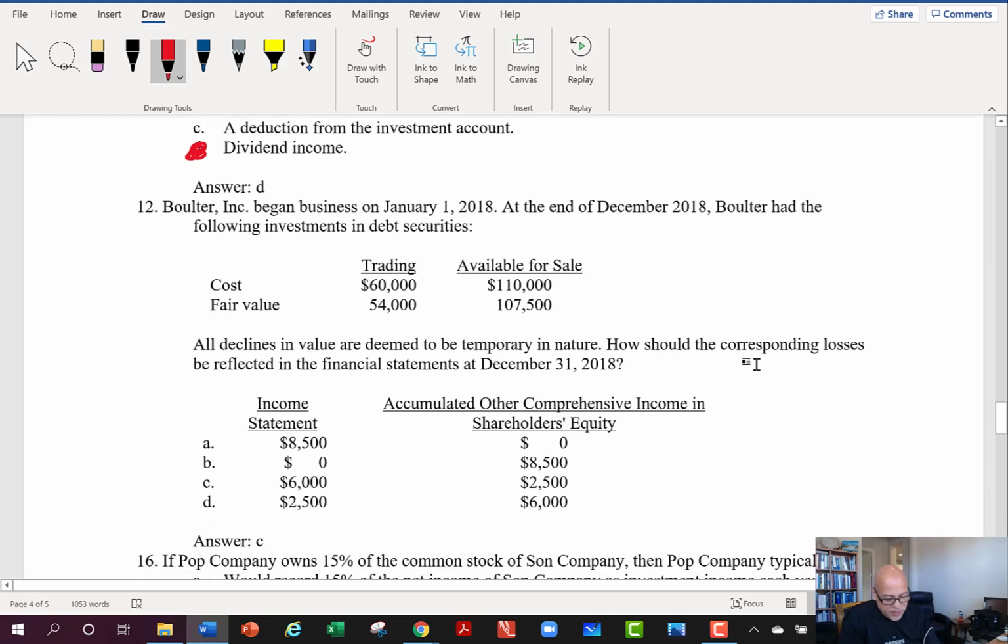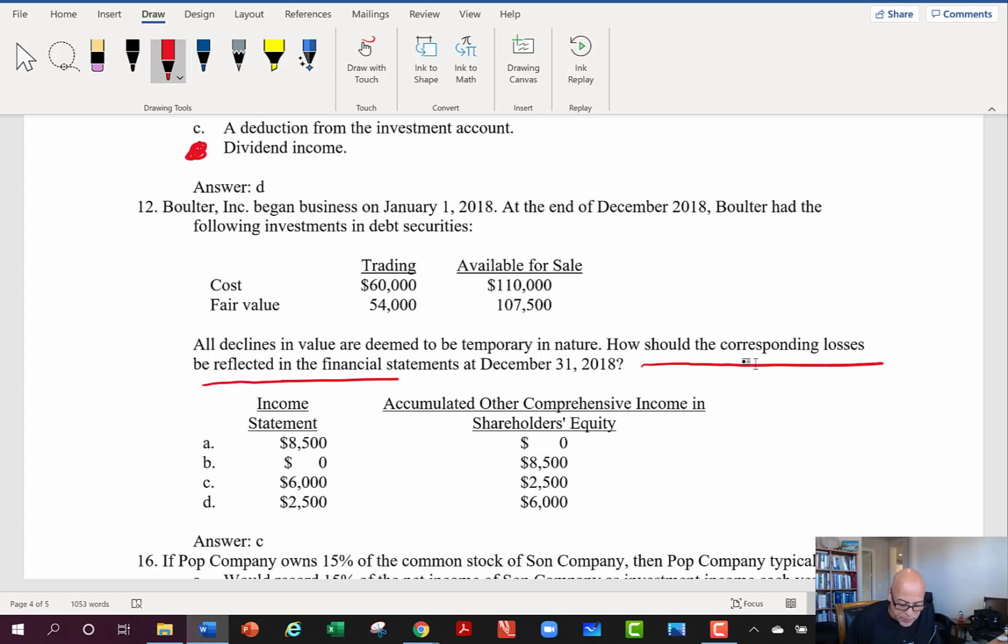Okay, now you come over and take a look, and we've flipped you back to debt securities now. For number 12, they want us to tell them how the corresponding losses should be reflected in the financial statements. So I'm going to have to look at each of these now. For the trading, I had a cost of 60 and a fair value of 54.